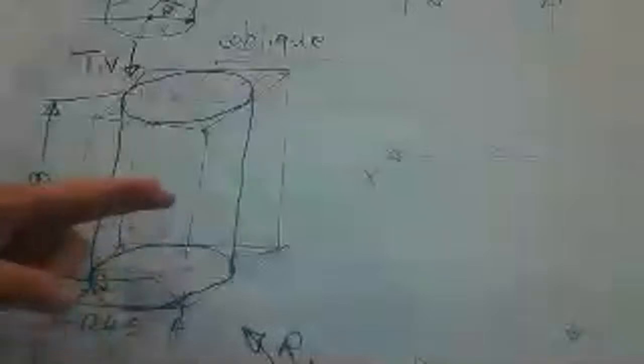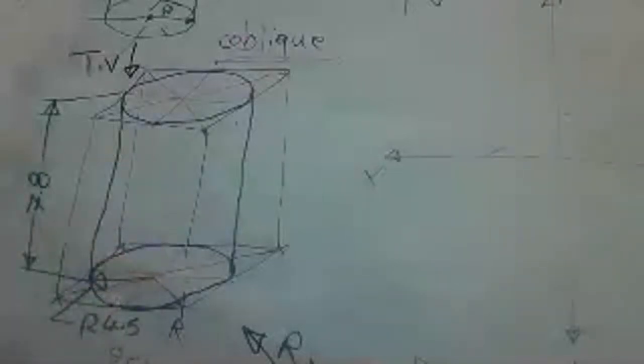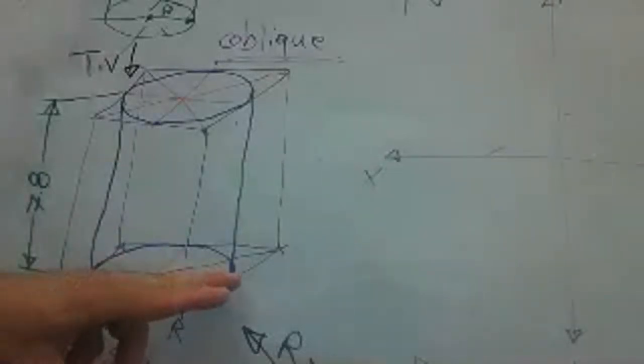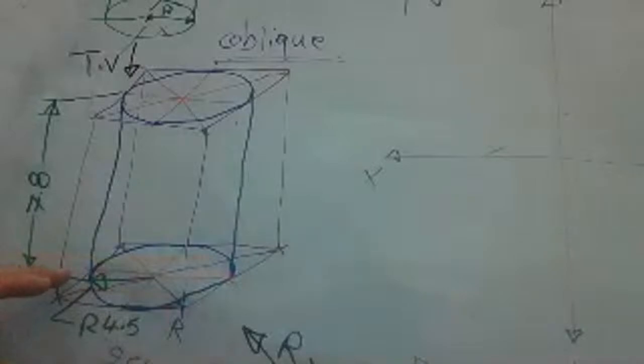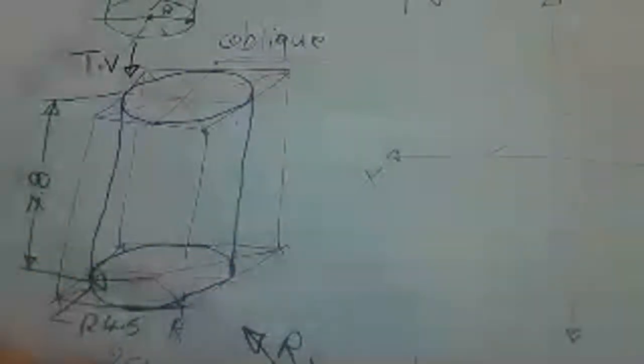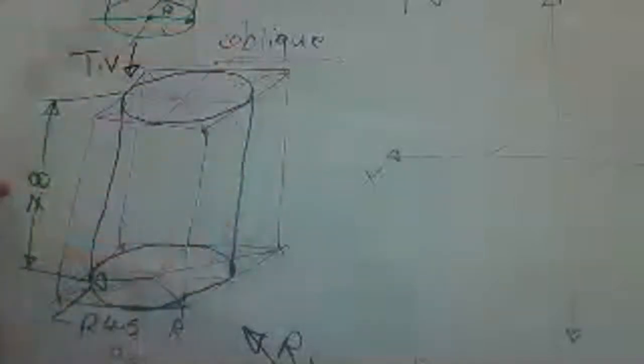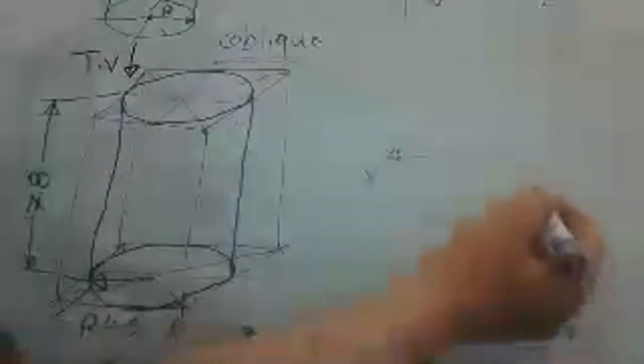We see that it is a rectangle with one length equal the diameter of the circle, 9 centimeter, and one equal the height of the cylinder, 7.8. So now the projection will be like this.